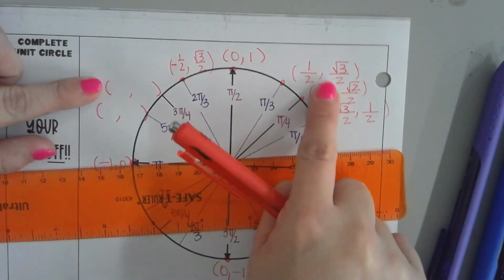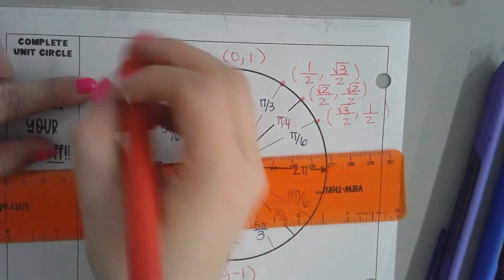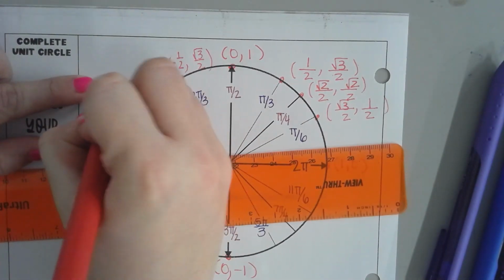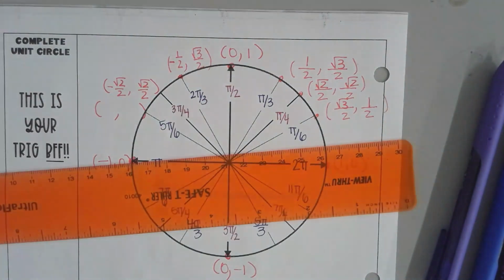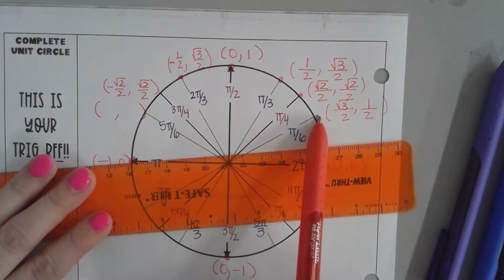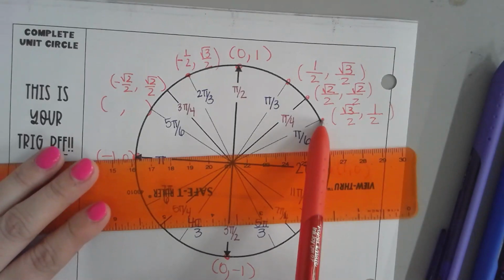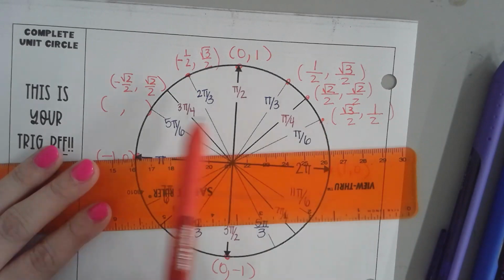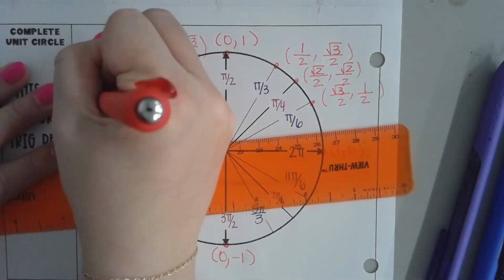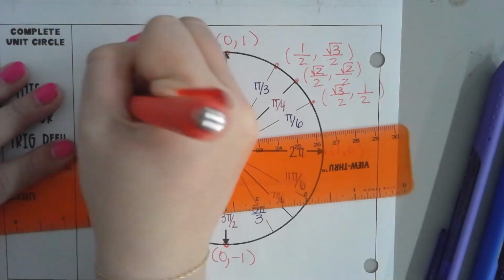So the x value is going to become negative. Negative square root of 2 over 2, square root of 2 over 2. And then this one goes over there. It's going to be negative square root of 3 over 2.